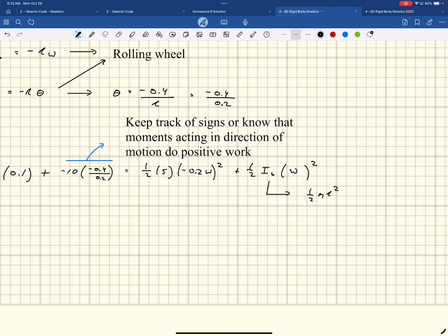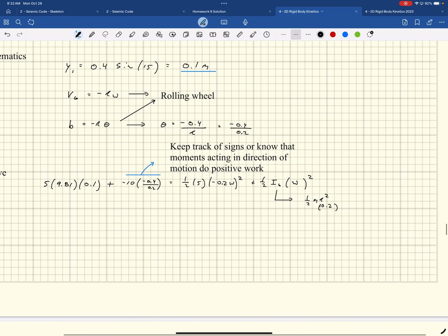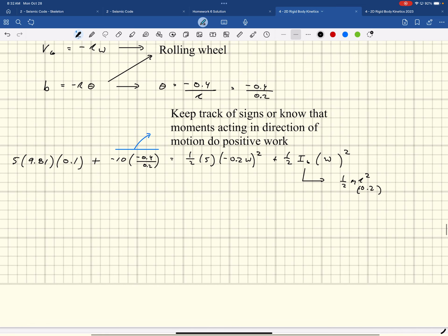Right. This would be the 0.2 right here. That R right there is 0.2. That's good. Messed it up. Okay, there we go. That's it for reals. All right, now the only unknown is omega. And so you solve for that omega.